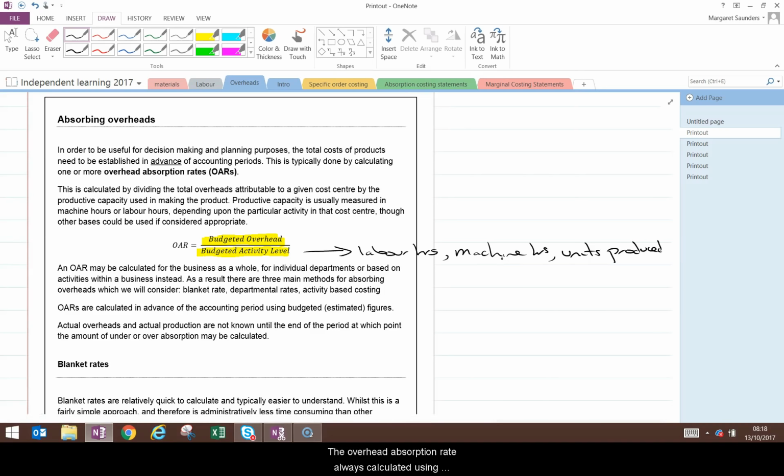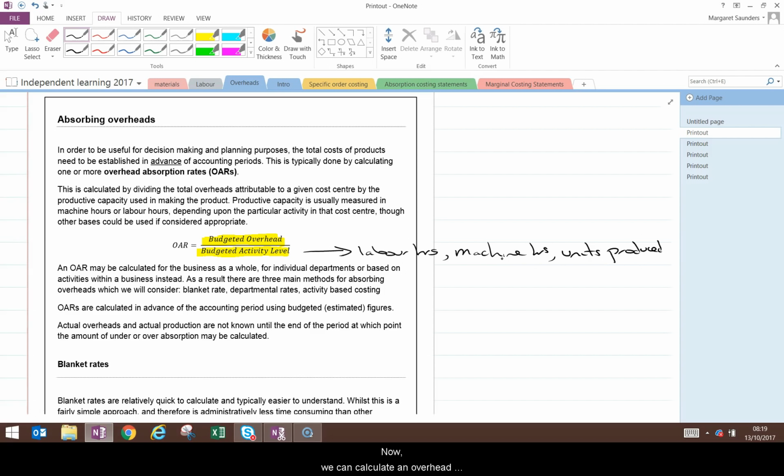So the overhead absorption rate, always calculated using budgeted overheads divided by budgeted activity level, and then you decide upon what your activity level is going to be depending upon the information provided in a question.